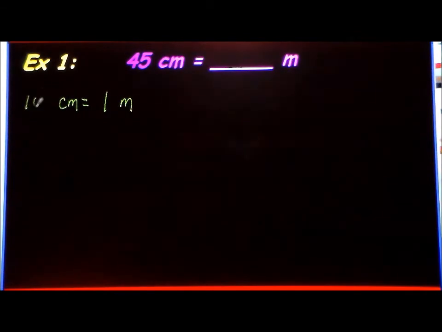Now, it was two places, so this should be 10 squared. The power of 10 will always be how many places you need to move it. And if you have put the 1 on the larger unit, you'll always have a positive exponent and you don't have to worry about negatives. So now, let's start our problem.